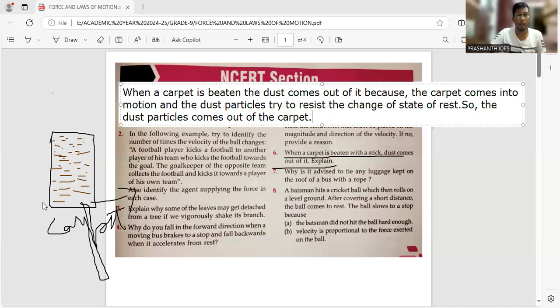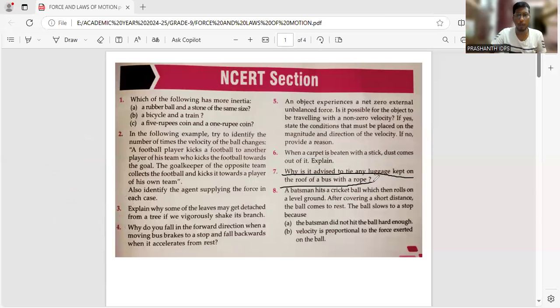Fine. Let us go to the next question. Why is it advised to tie any luggage kept on the roof of the bus with a rope? Imagine you are traveling from one place to another in a bus. Sometimes you might have observed that luggage has been tied above the bus with ropes.